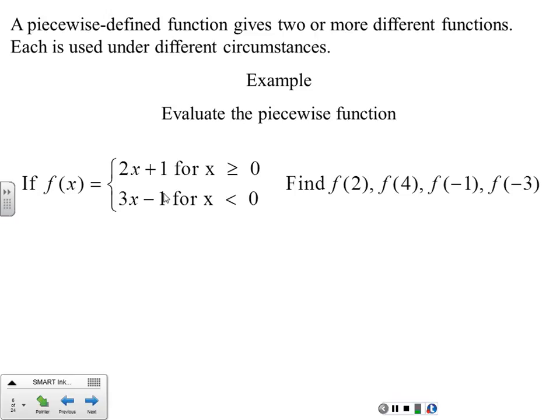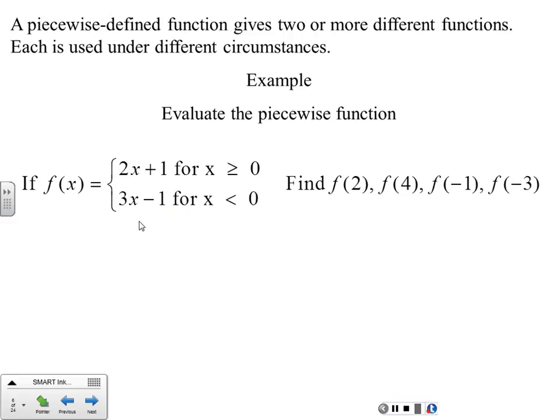But a piecewise function means that it's telling you in the problem which x values go with which graph. So for example, if your domain is any number greater than or equal to 0, you're going to use this top function. If your x value is less than 0, you're going to use this bottom function, this bottom graph.